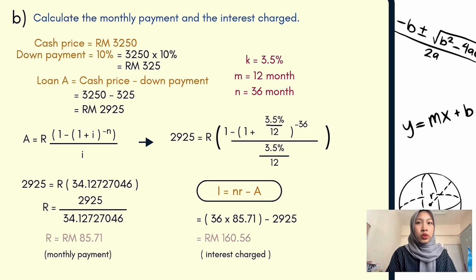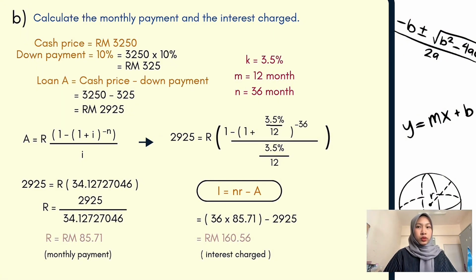So for this question, we use this formula: A equals R in bracket 1 minus in bracket 1 plus I, to the power of negative n, divided by I. So the next is 2925 equals R in bracket 1 minus in bracket 1 plus 3.5% divided by 12 to the power of negative 36, divided by 3.5% divided by 12, and we get 34.12727046.